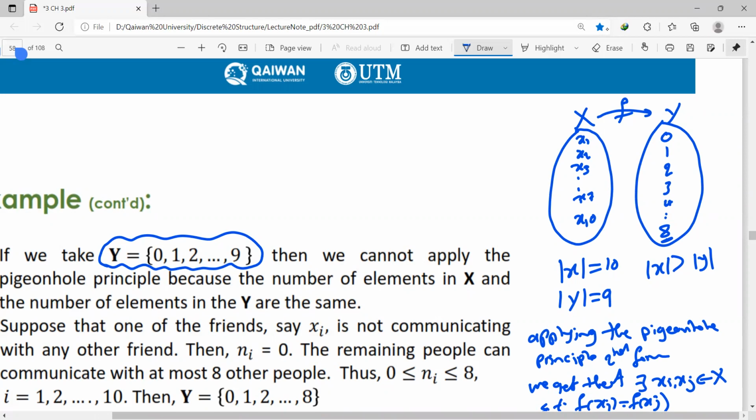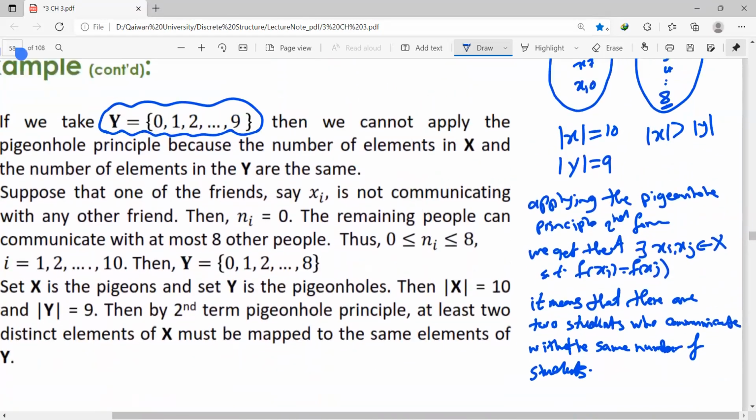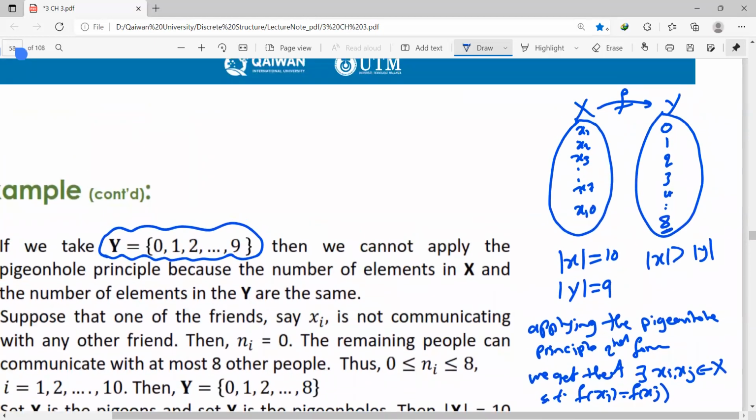In this case, the number of communications is reduced by 1. So it becomes 8, from 0 to 8. Here we have 9 elements in y and 10 elements in x. So you can apply the second form of Pigeon principle, and you get that there are at least 2 elements in x which have the same image. It means at least 2 students are communicating with the same number of students. So it's enough for today.